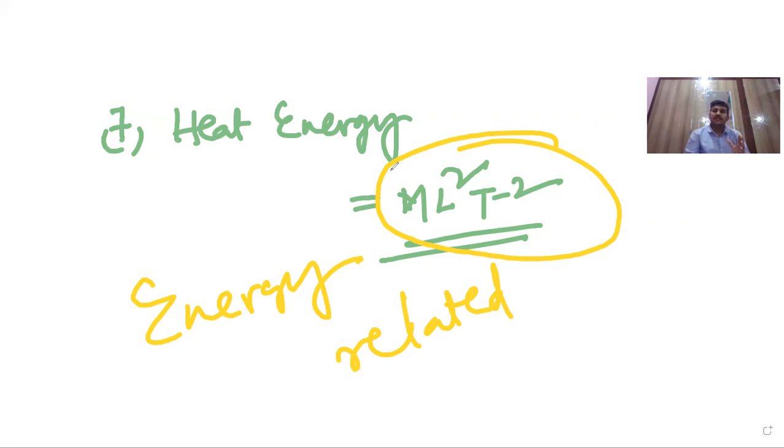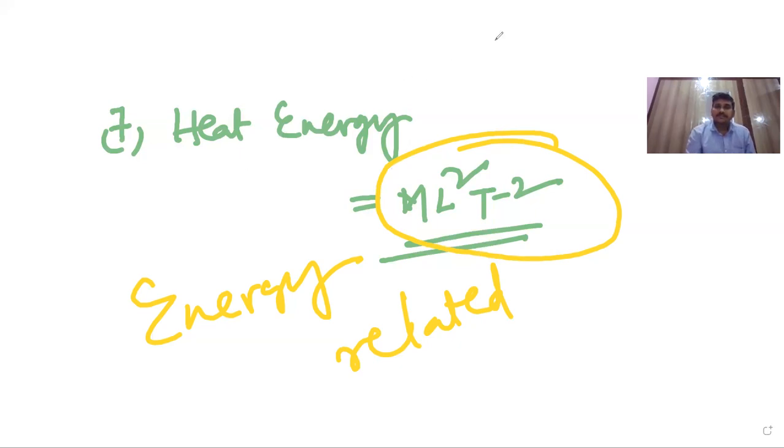Whether it is kinetic energy or potential energy or rotational kinetic energy or heat energy or simply the pressure into volume, pressure energy, or the work or simple energy, all are ML square T minus 2.